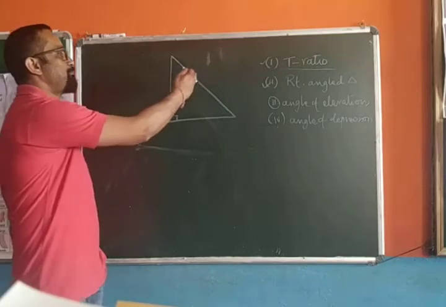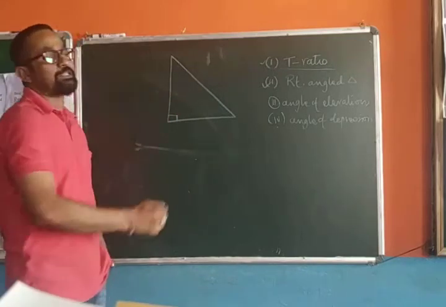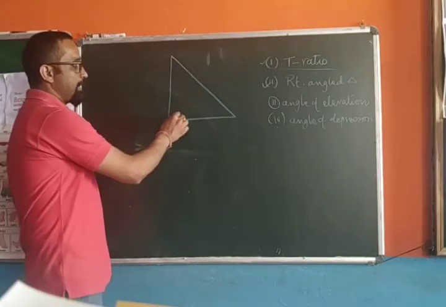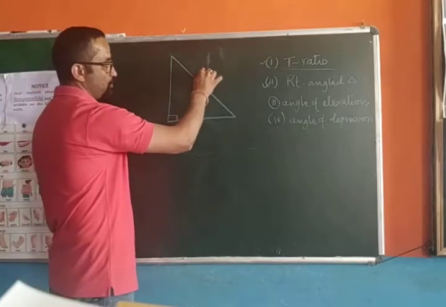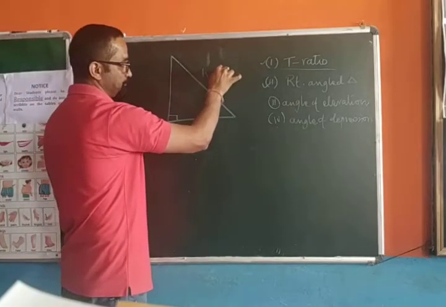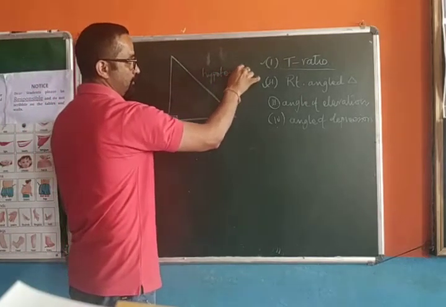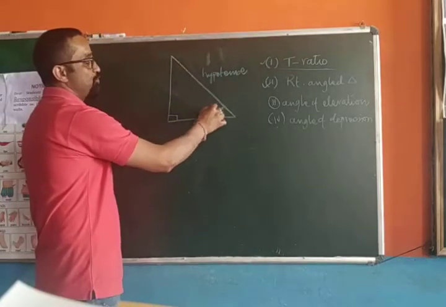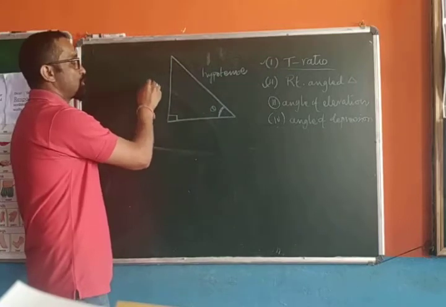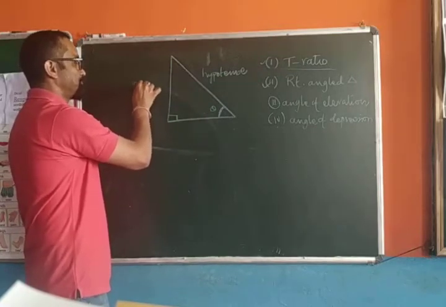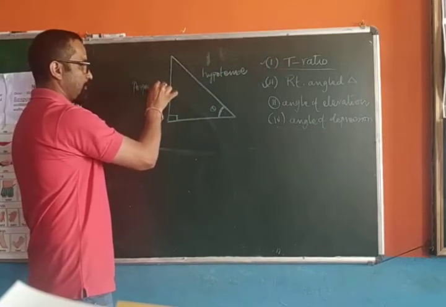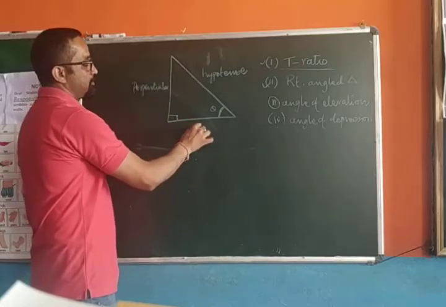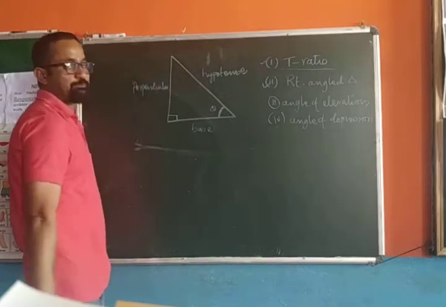You need to remember the sides of the right angle triangle. The side opposite to 90 degree is called hypotenuse. The side opposite to given angle theta is called perpendicular. And the third one is called base.